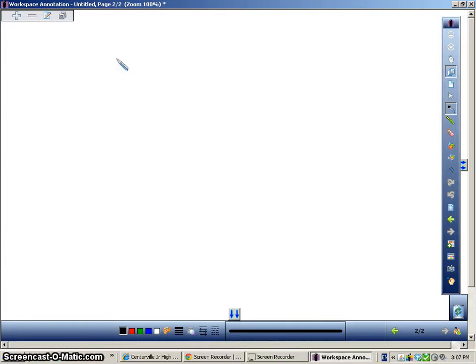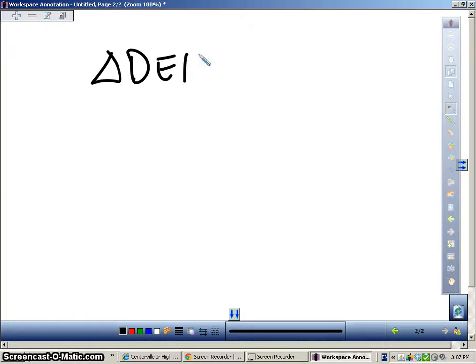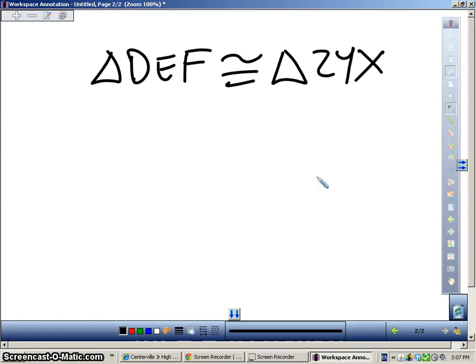You'll see a congruent statement, something like this. Maybe triangle DEF is congruent to triangle ZYX or something like that. So you'd have a couple of triangles.